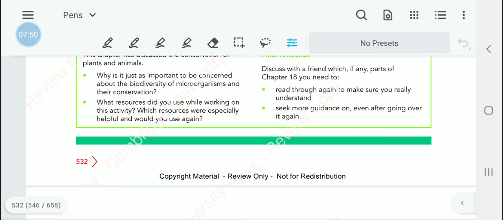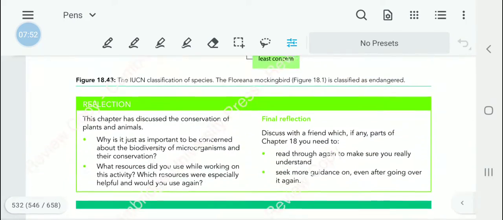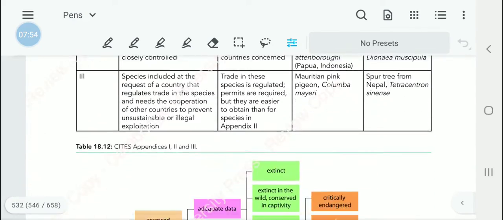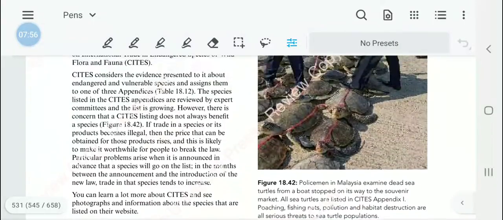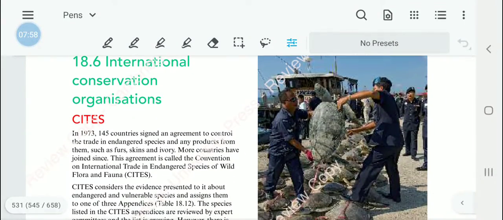So that's the end of the chapter. I hope you understood. If you have any questions, you can ask, but before that, write down a note on this. International conservation organizations. Number 1, CITES, the Convention on International Trade in Endangered Species of Wild Flora and Fauna.